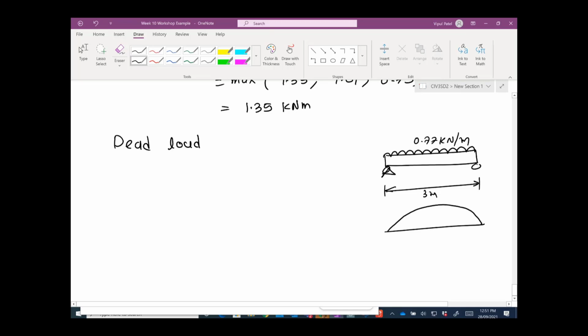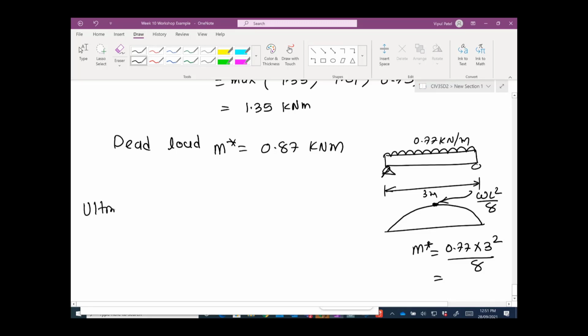The moment you're going to get is WL squared over 8. M star due to the dead load equals 0.77 times 3 squared over 8. So 0.77 times 9 over 8, you get 0.87. M star due to the dead load is 0.87 kilonewton meters.